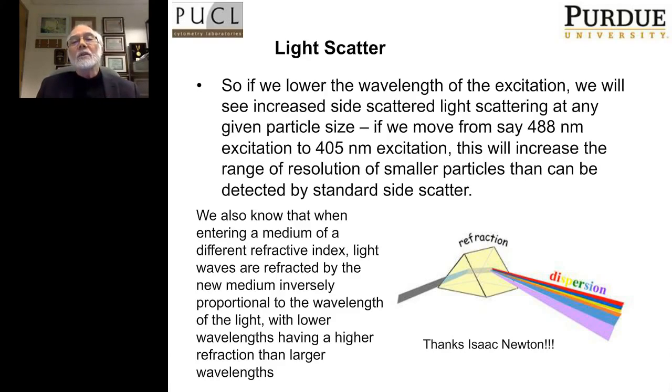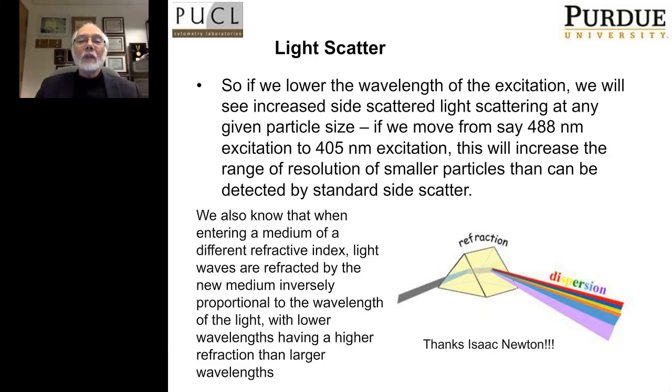So if you use, say, 488 nanometer excitation as opposed to 405 nanometer excitation, you'll get a certain light scatter signal from each of those lasers. If you move to a lower wavelength, you will actually increase the resolution of small particles that can be detected. Now, we know that, and several people have published on this.